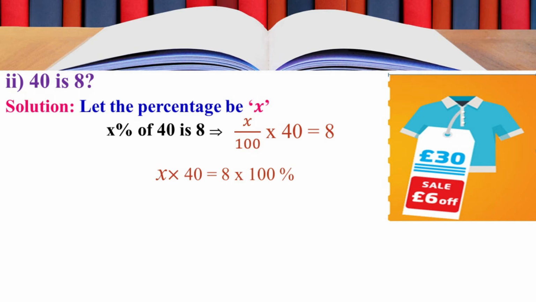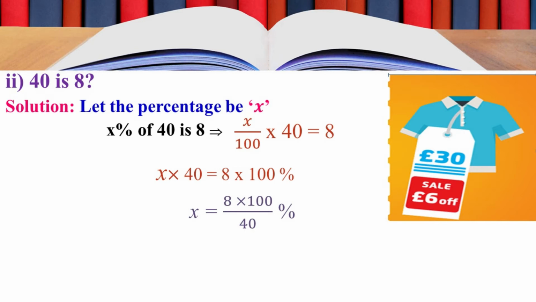So x into 40 equals 8 into 100 percentage. Now 40 is also taken to the next side. So the sum becomes x equals 8 into 100, which is already on the RHS side, and 40, which is in multiplication with x, is brought to the division of the RHS side.